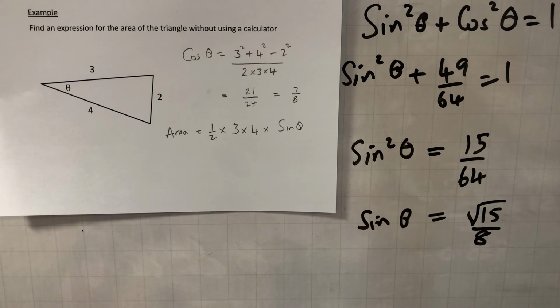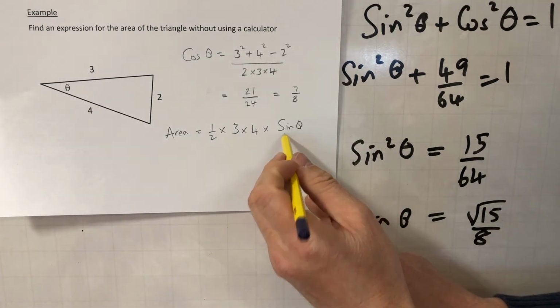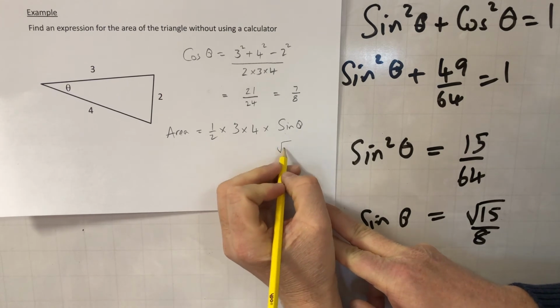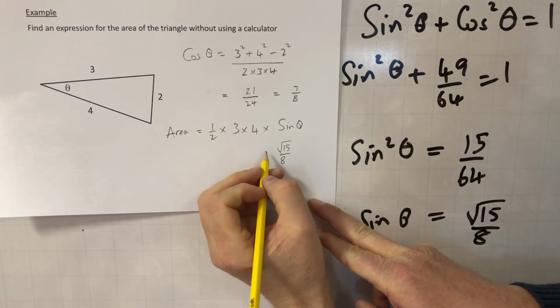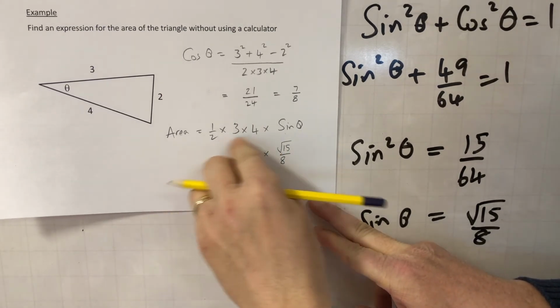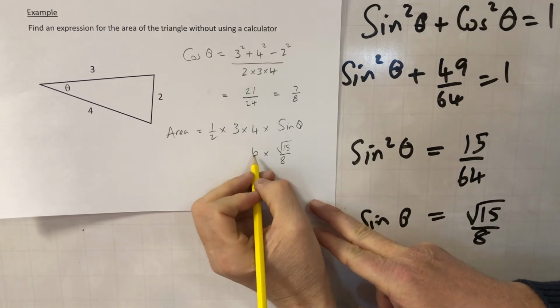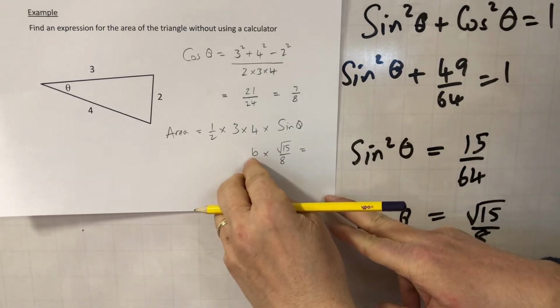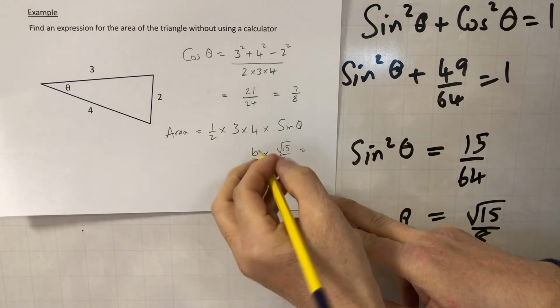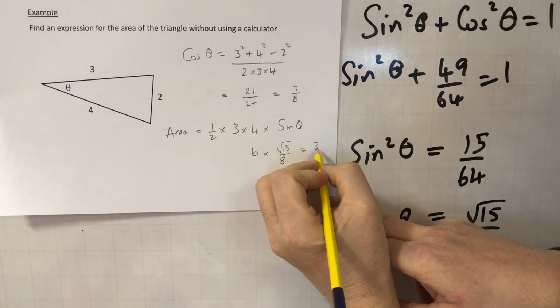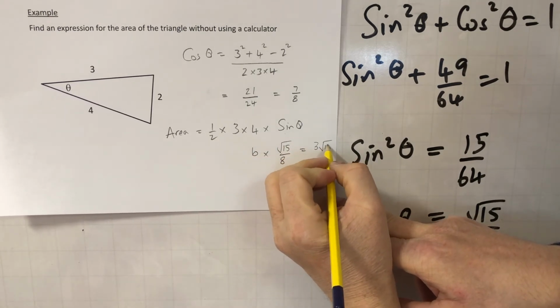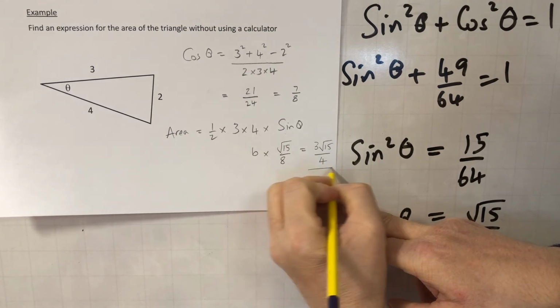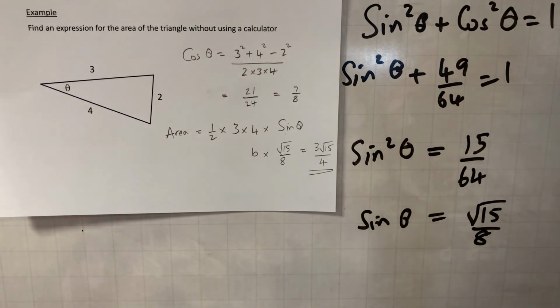Hence, if I go back to the structure I had, I now know that that is the square root of 15 over 8. That is 6. So I'll tighten that up. 2 goes into both of those, 3 times and 4 times. There's an expression for the area.